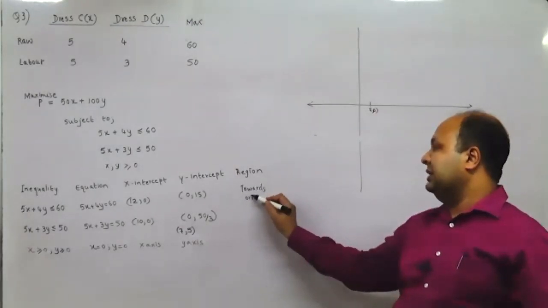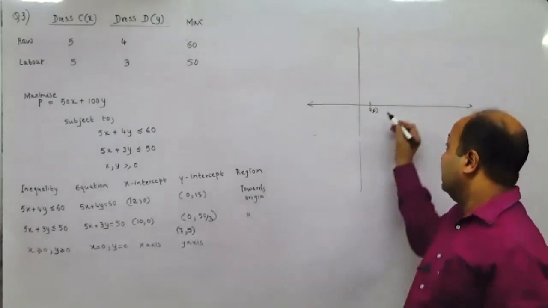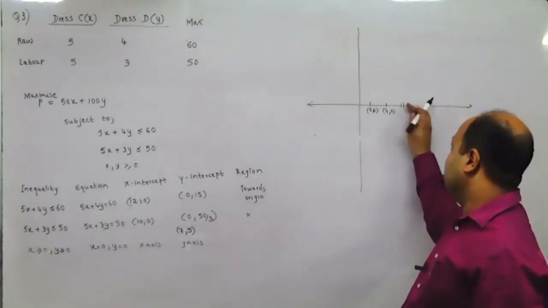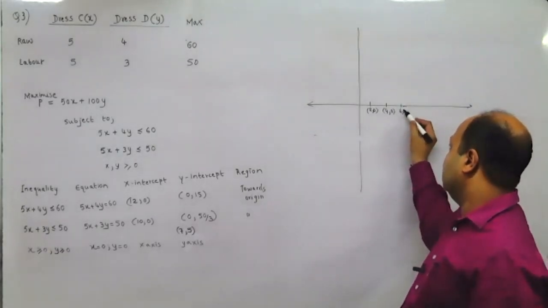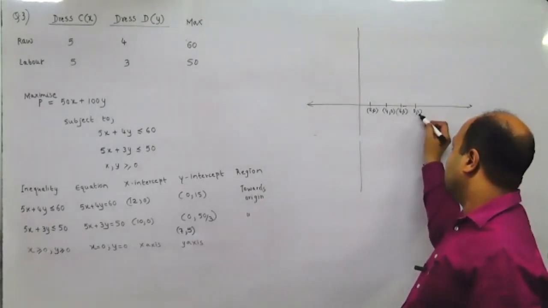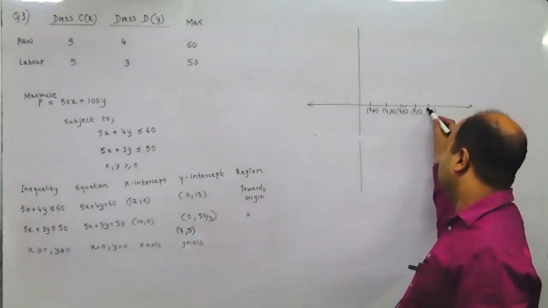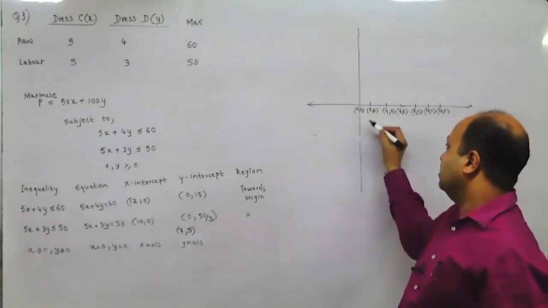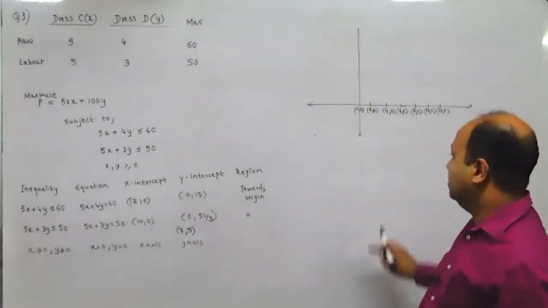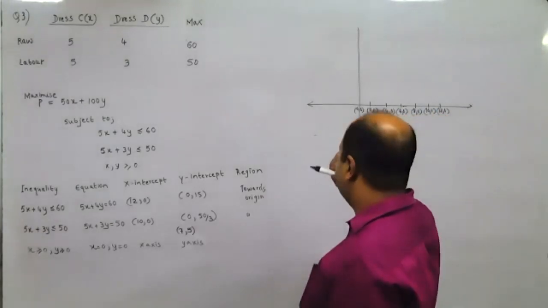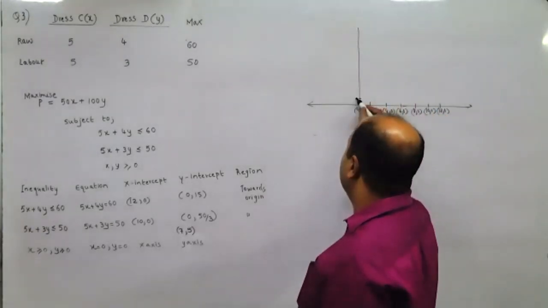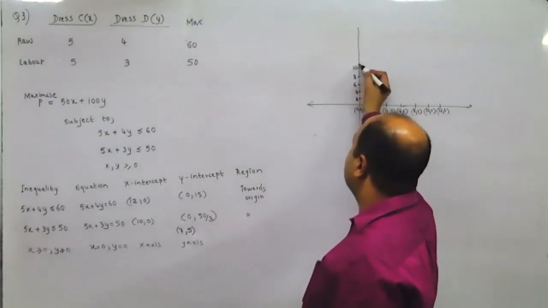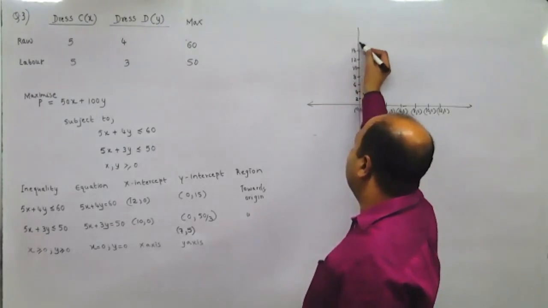So it is a cornermost region to the left. Here, this would be 2, 4, 6, 8, 10, 12, 14, 16.